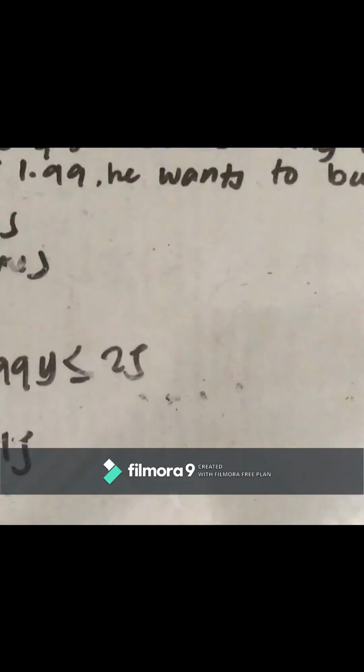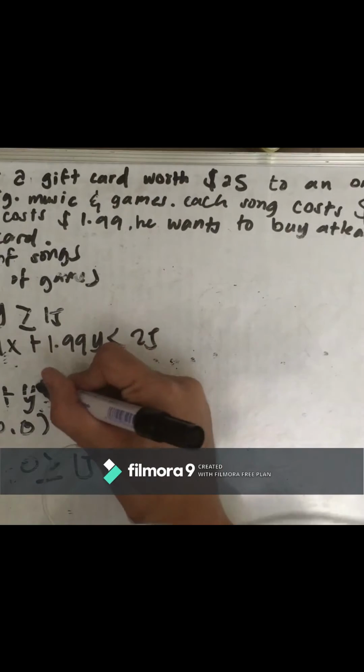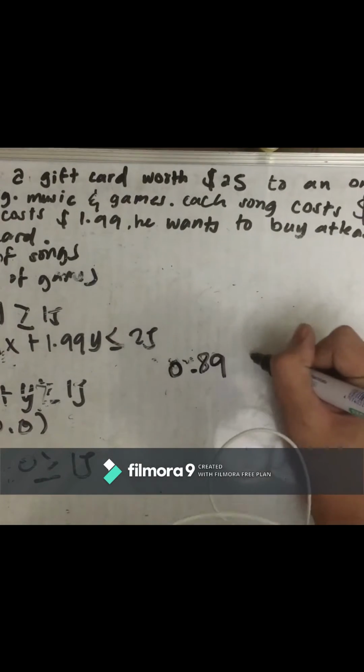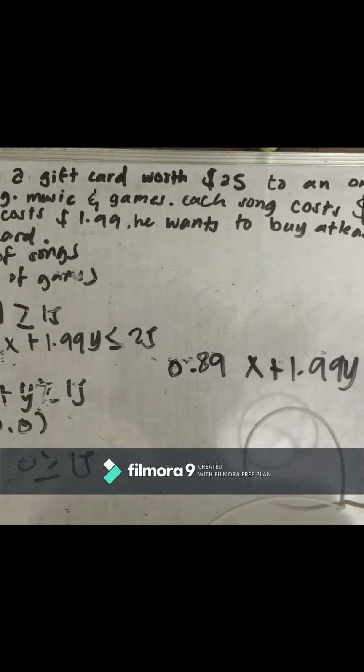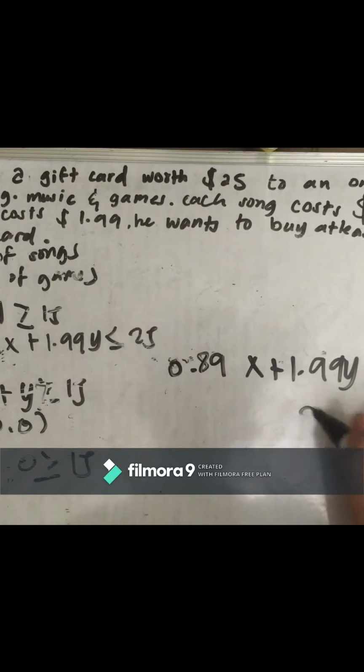Now for the second equation. We will substitute 0, 0 just like the first equation. So 0.89x plus 1.99y is less than or equal to 25. X and y will become 0. So 0 is less than or equal to 25.